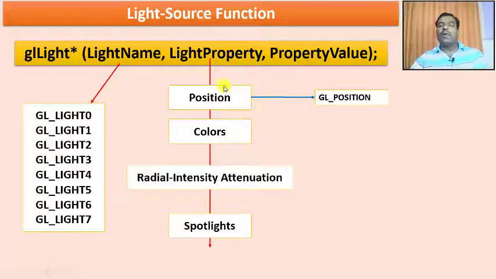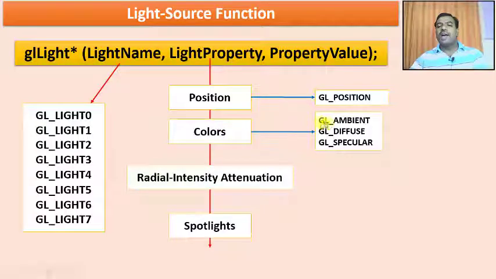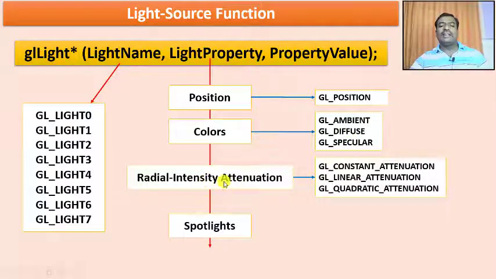For example, if I want to set the position of a light source, I am going to pass the parameter as the constant GL_POSITION. If I want to set the color, I can make use of GL_AMBIENT, GL_DIFFUSE, and GL_SPECULAR, and what all these three are, I have discussed in the previous session. When I talk about intensity attenuation, I am going to have constant attenuation, linear attenuation, or quadratic attenuation.